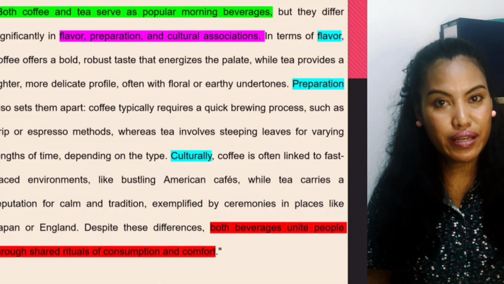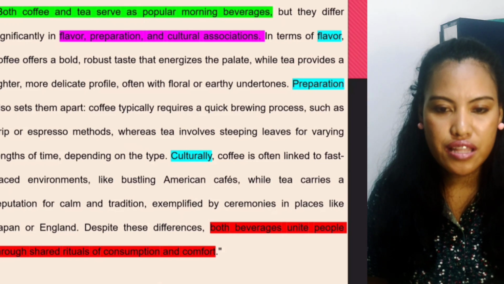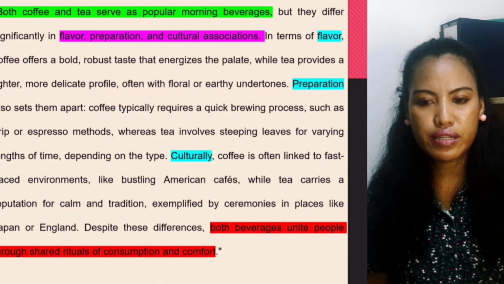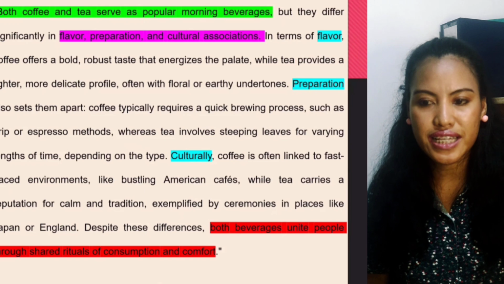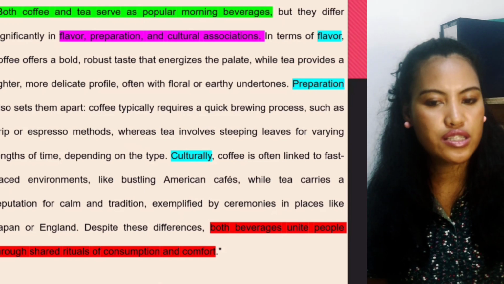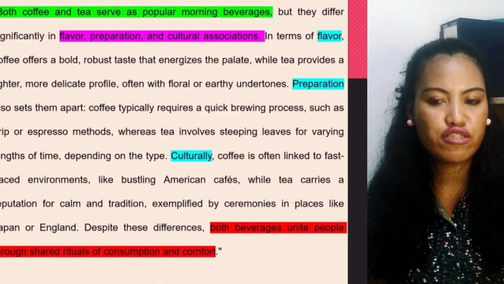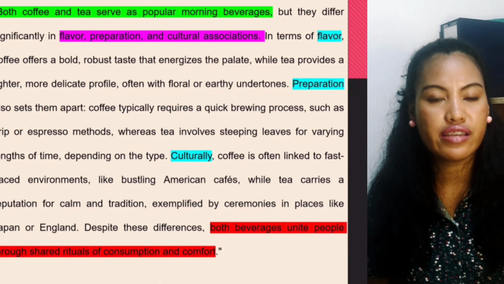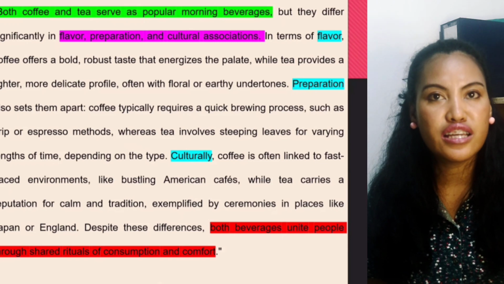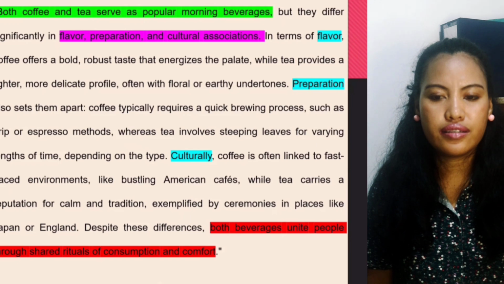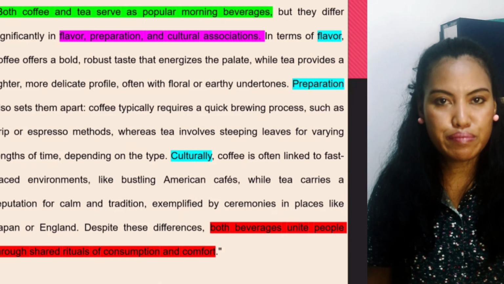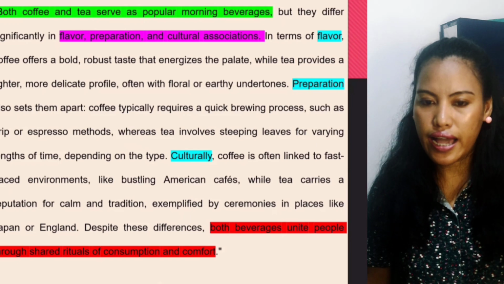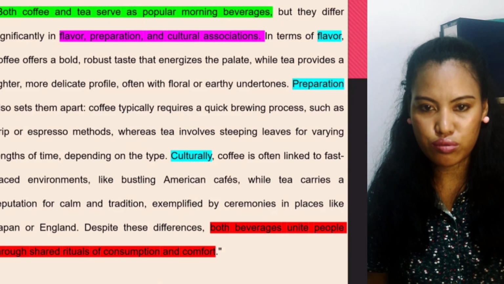Okay, that's aspect number two. Also sets them apart. Coffee typically requires a quick brewing process, such as drip or espresso methods, whereas tea involves steeping leaves for varying lengths of time, depending on the type. Okay, so that's your aspect number two for items one and two.